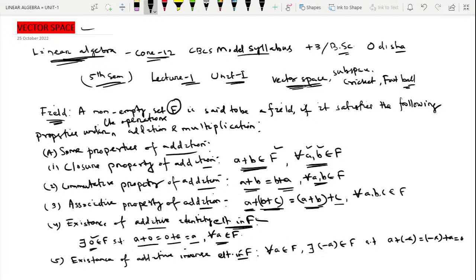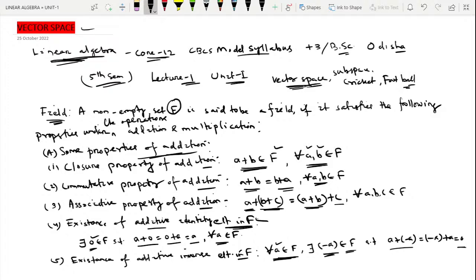Whatever element A you take from F, you will get minus A in the same set such that their addition will be 0. So these are all the properties under the operation addition.